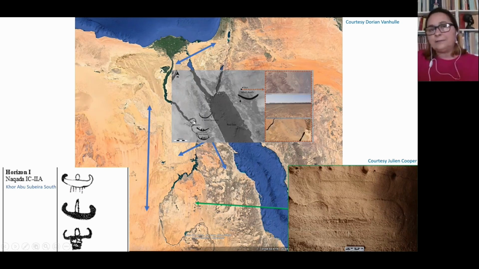Another type of boat, similar to the one that I showed you with the falcon on top of it, is dated to Nagada II or early Nagada III, so the mid second half of the 4th millennium BCE. These are common in Upper Egypt and the Egyptian Eastern Desert, but one example has been found as far as the Arabian Peninsula.